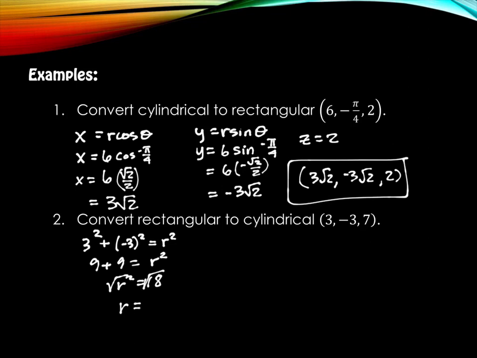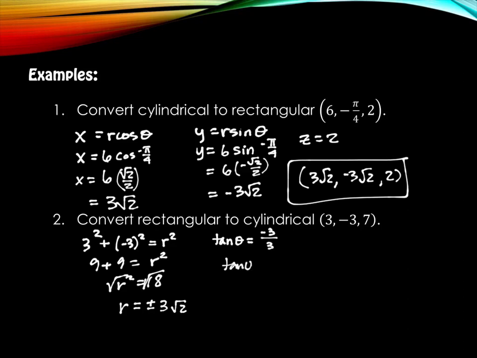So what is my value for r, besides being plus or minus? 3 radical 2. That's my r value. I have my z value; I get that one for free. I need my theta value, and I get that by using tangent of theta equals the y value, which is negative 3, over the x value, which is 3.